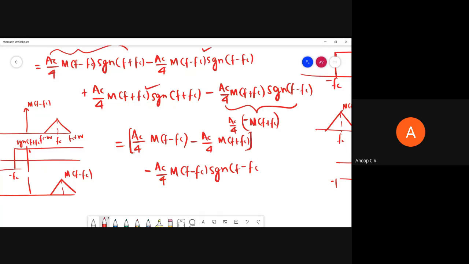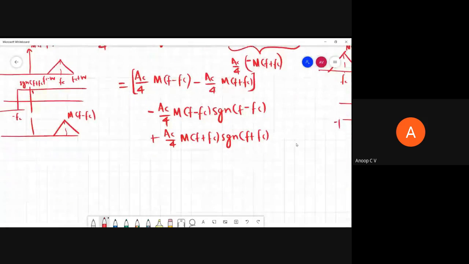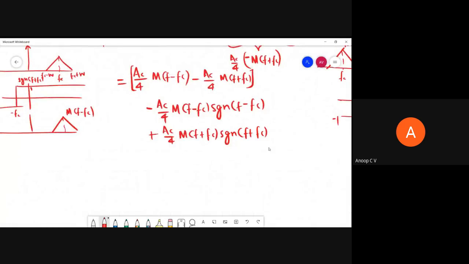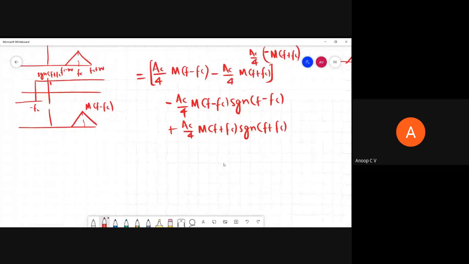plus AC by 4 into m of f plus fc times signum of f plus fc. So we have these terms now. The first term, I'll rearrange slightly and write it neatly.